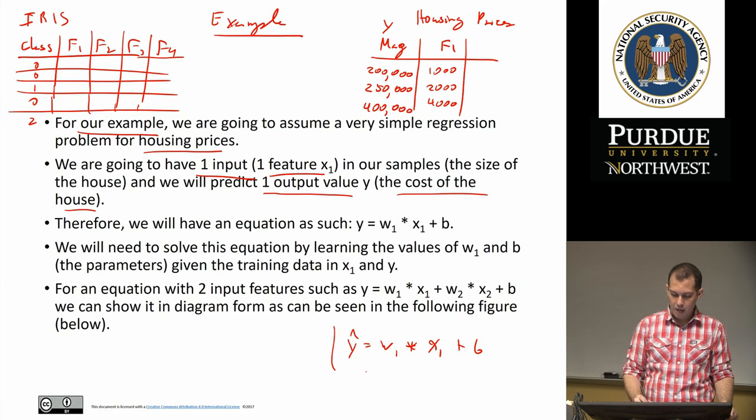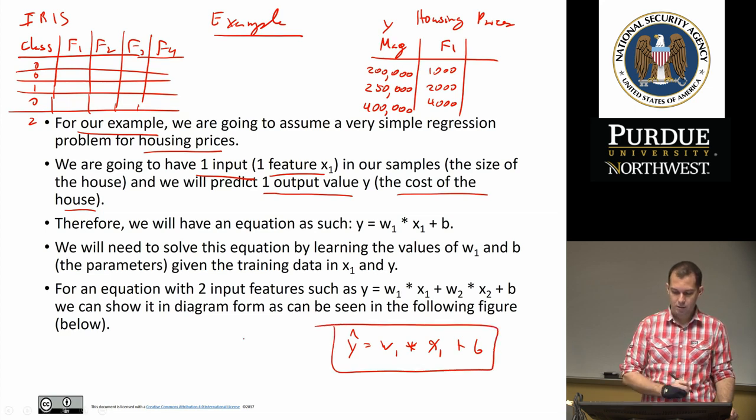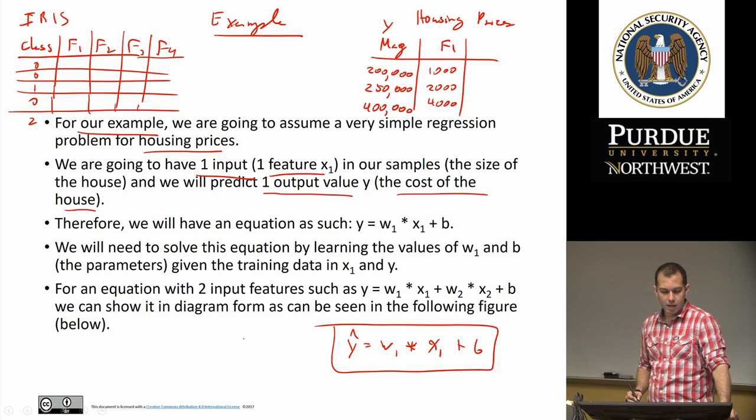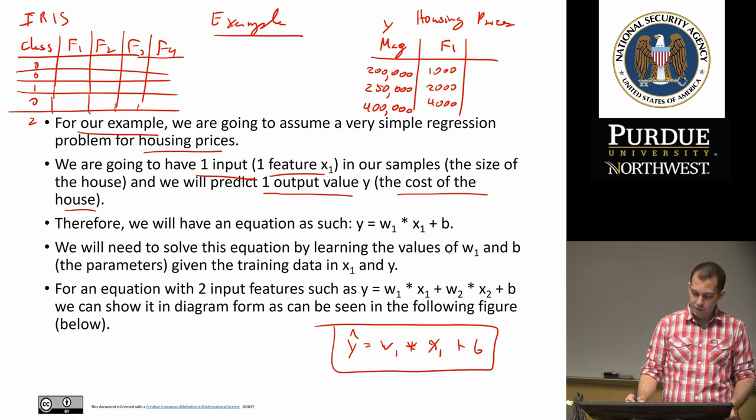Now we will need to solve this equation by learning the values of w1 and the bias. These are usually called the parameters in the model. What we are given in the training data is the x values, which are these, and the y values, which are these.